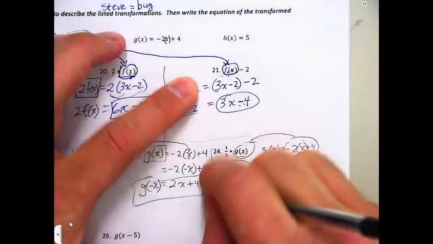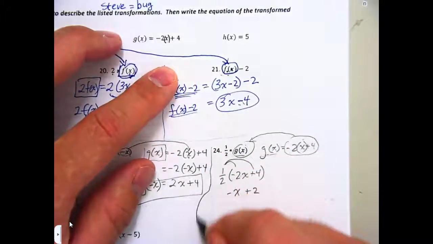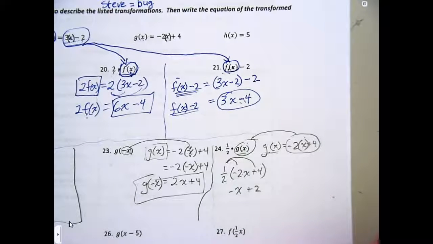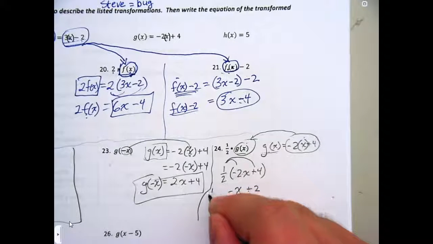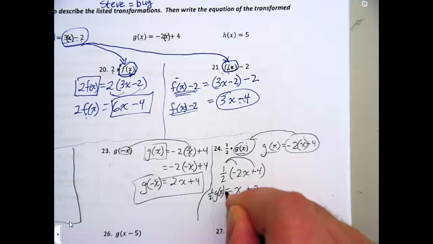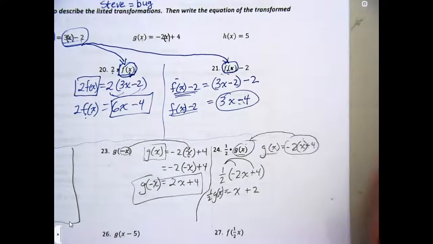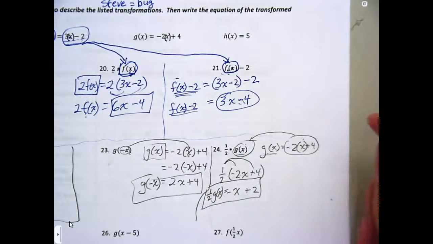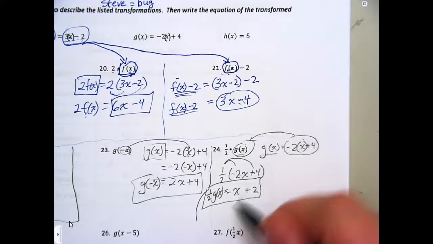Okay? What's that function's name? It's not g of x. This is 1/2 g of x. 1/2 g of x equals that. All right, any questions there? That's it.